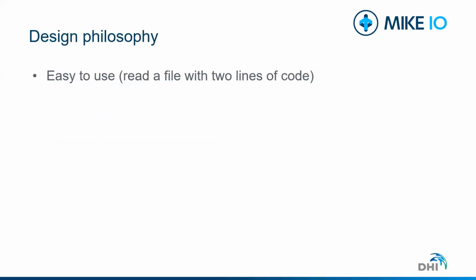The design philosophy behind this library, Mike.io, is that it should be easy to use. For instance, you should be able to read the file with a few lines of code. It should be easy to install, and it's installed using the normal Python installation mechanism, pip install Mike.io, and then you have everything that you need.